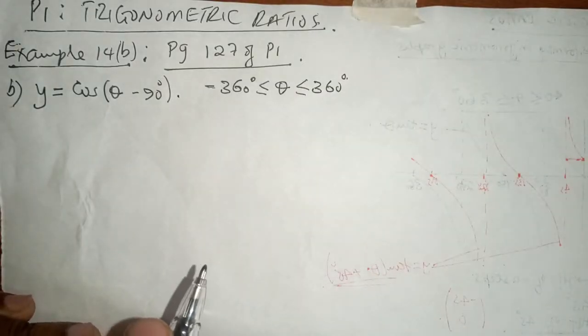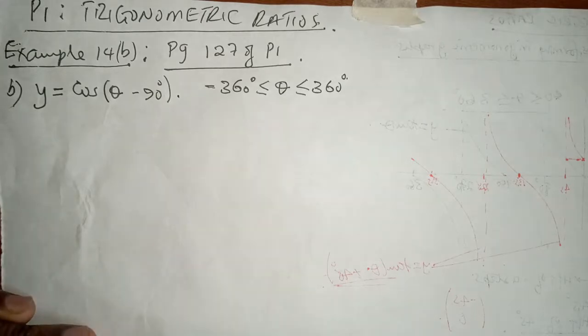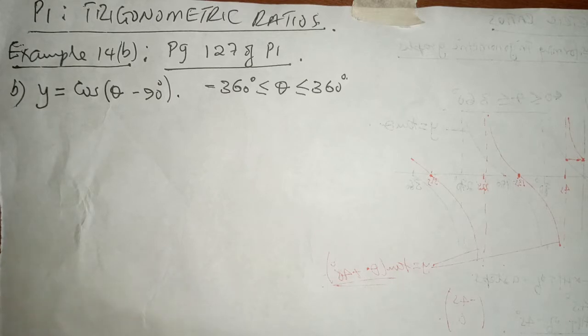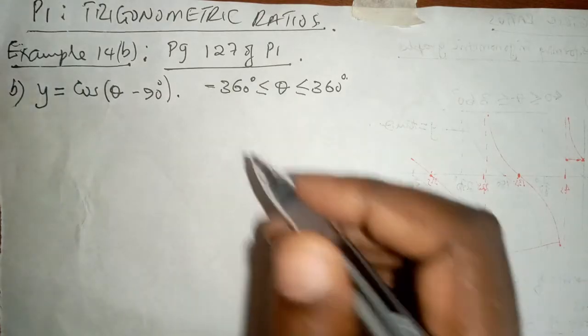What we know is that we need to have the graph of the cosine of theta, because this is what is going to be transformed.